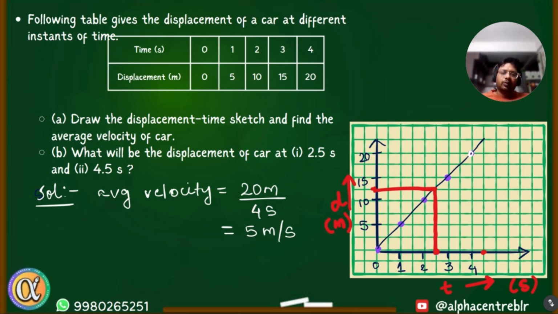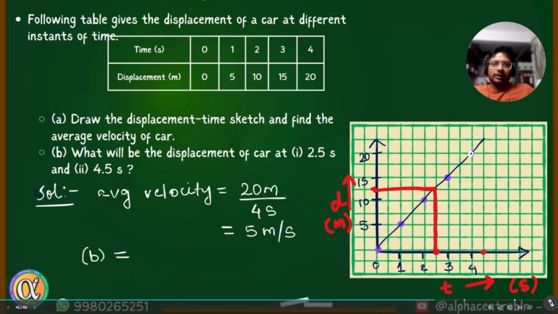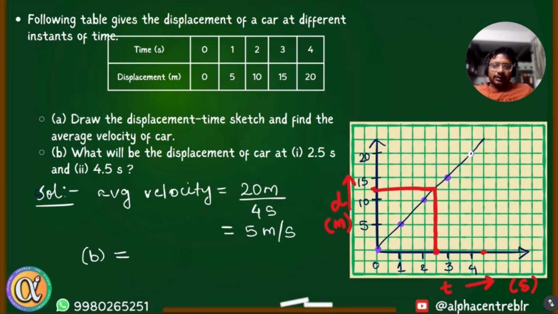Between 10 and 15, what lies right between 10 and 15? 12.5. Yeah, that's correct. So at 2.5 second displacement is 12.5 meters.